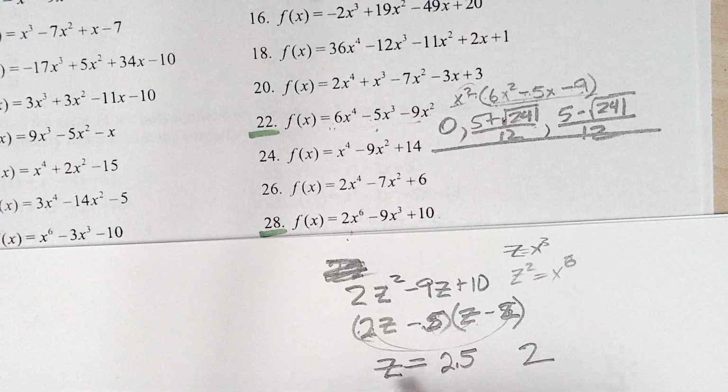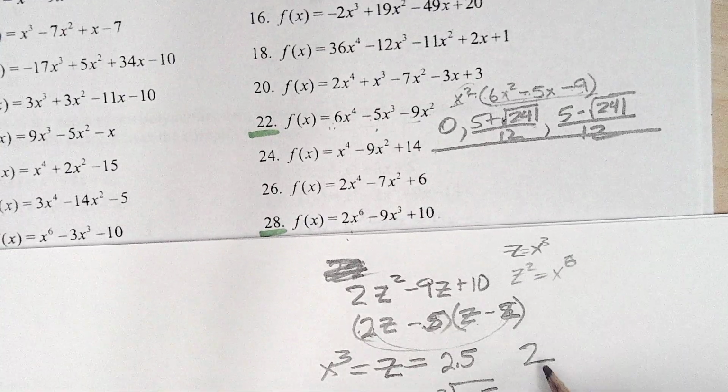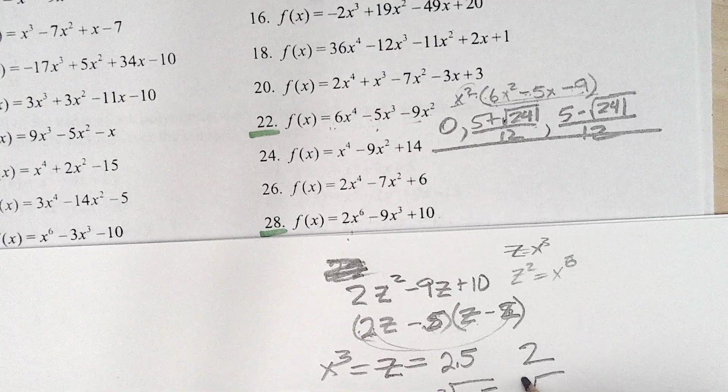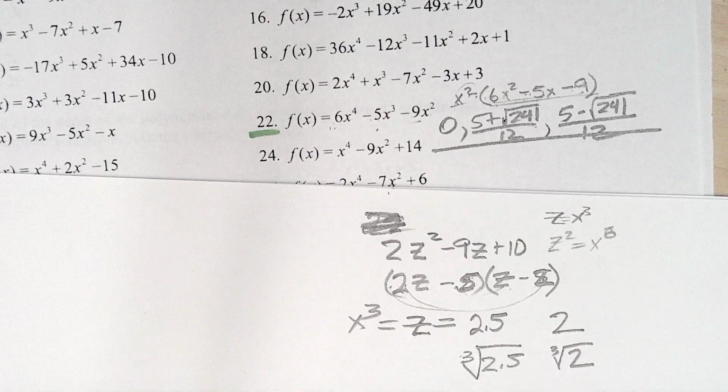And z was x to the third, so it's the cube root of 2.5 and the cube root of 2. Those are the real zeros.